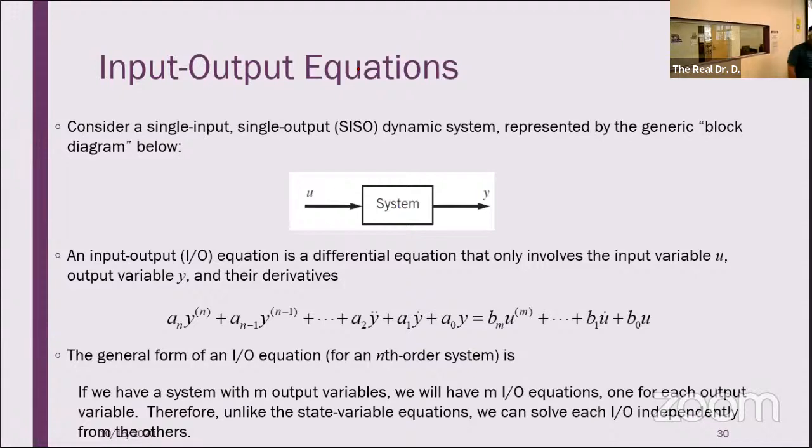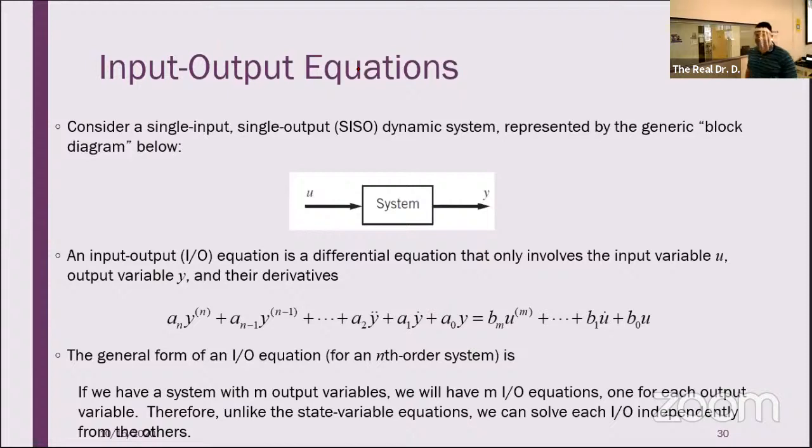If we have a system with M output variables, we will have M IO equations, right? So it has nothing to do with the amount of inputs you have. It has everything to do with how many outputs you have as part of your system. You need to have as many input-output equations as you have outputs, which is basically how we've been doing things, right? We just haven't said anything.